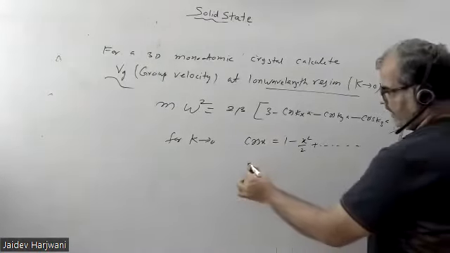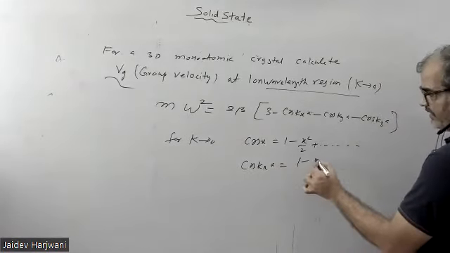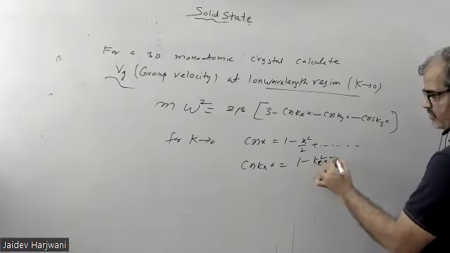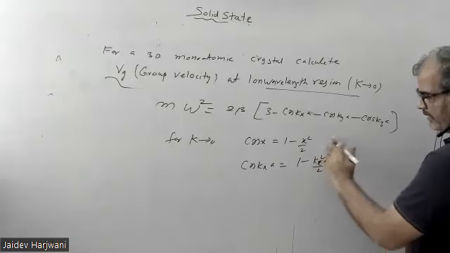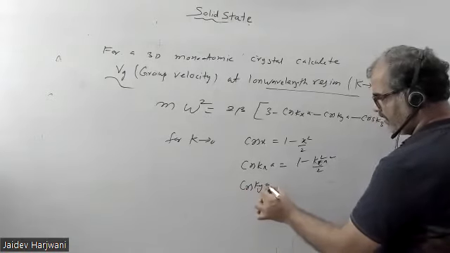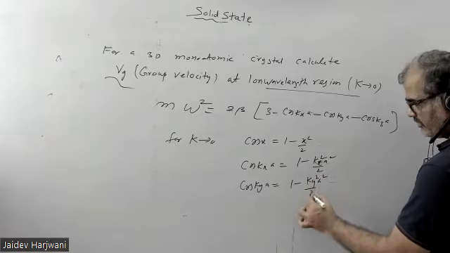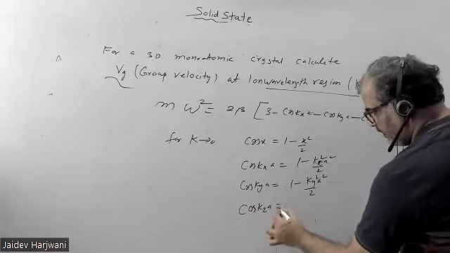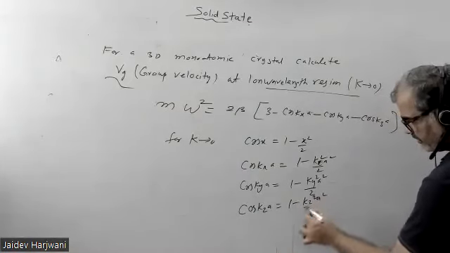Similarly, cos kx a equals 1 minus kx square a square by 2, cos ky a equals 1 minus ky square a square by 2, and cos kz a equals 1 minus kz square a square by 2.